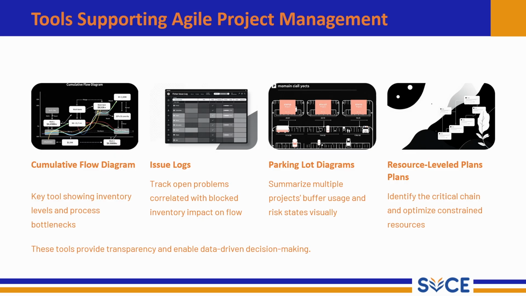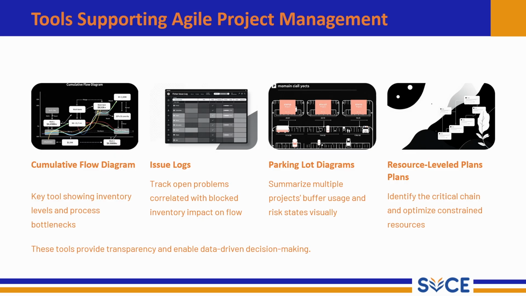Parking lot diagrams give a high-level visual summary of multiple projects or modules. They show buffer usage, delays, or risk in each area. This is very useful for managers to quickly see which parts of the project need attention. Our next one is resource level plans. These plans help identify the critical chain and optimize the use of limited resources.